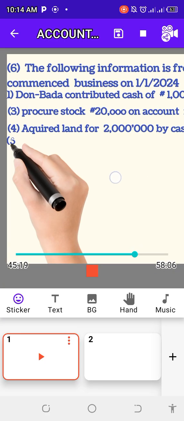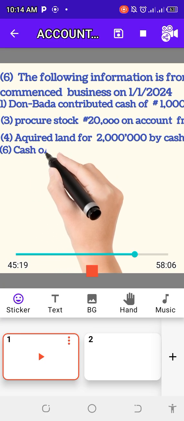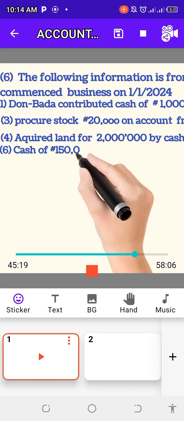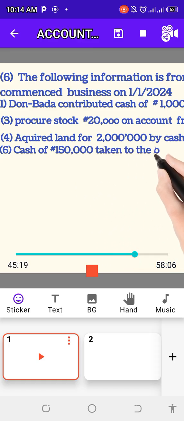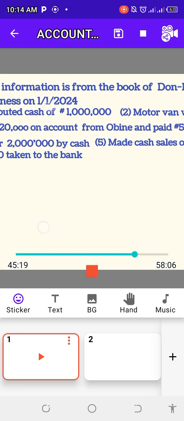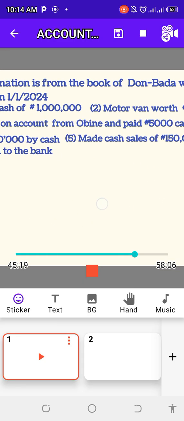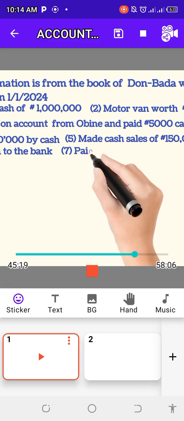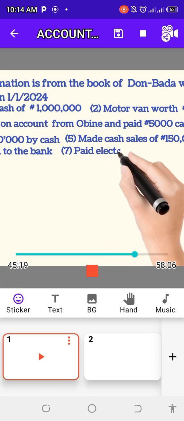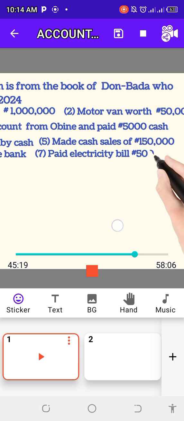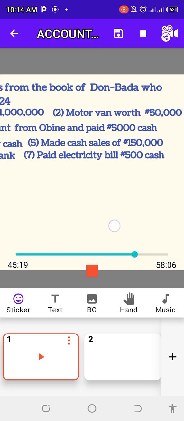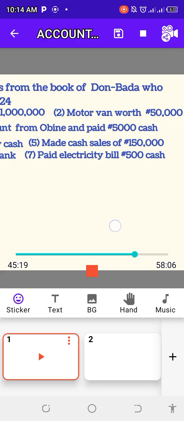And the sixth transaction is cash of 150,000 naira taken to the bank. The seventh and the last transaction is paid electricity bill, 500 naira cash.